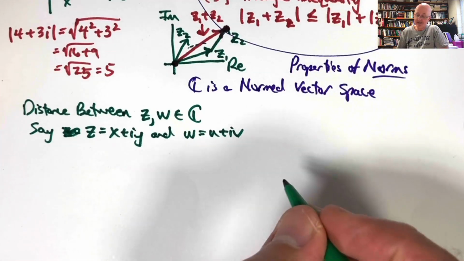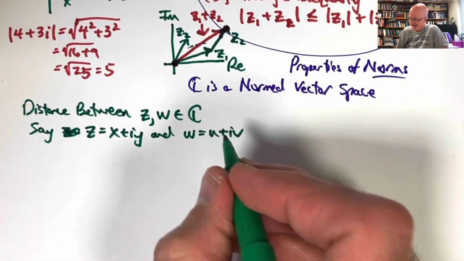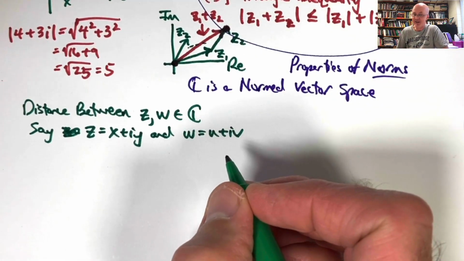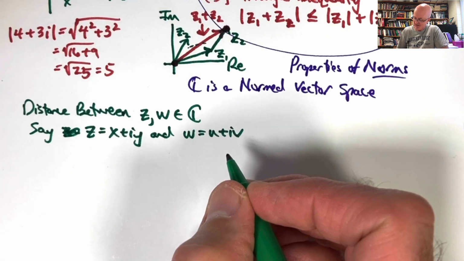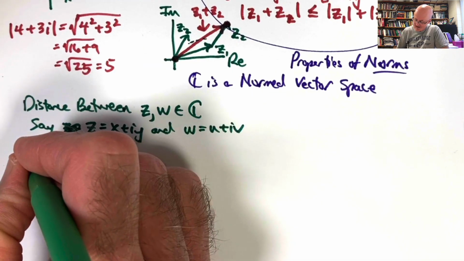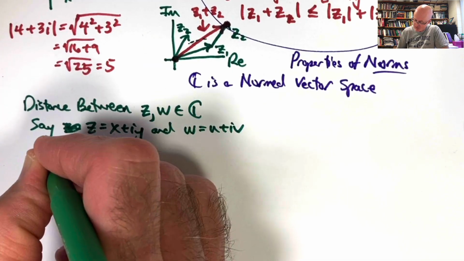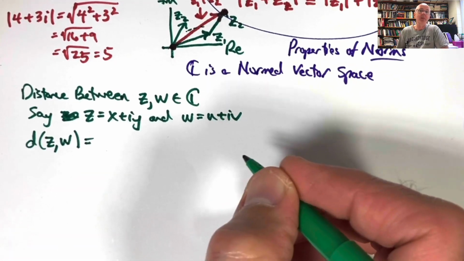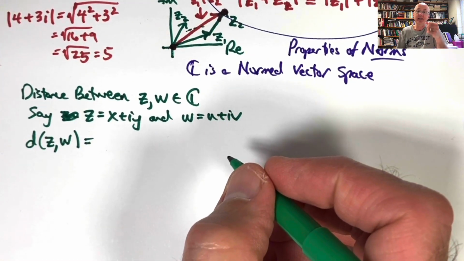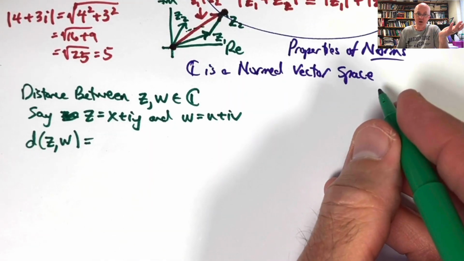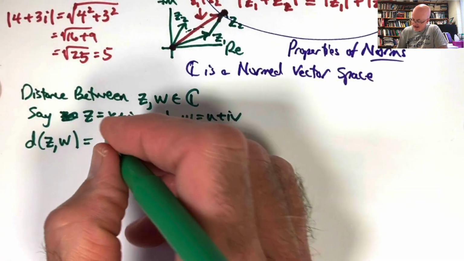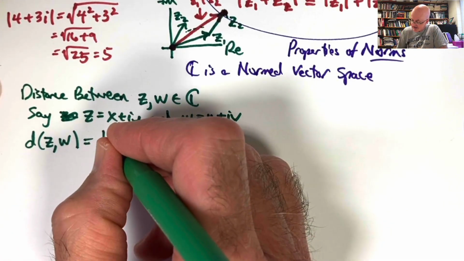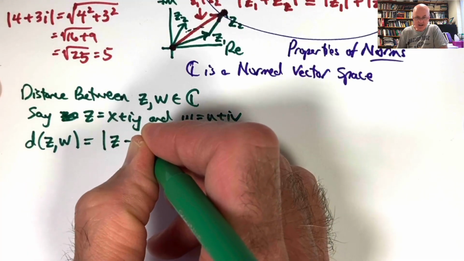By the way, these letters z, w, x and y, u and v, and of course i, the imaginary unit, are very commonly used in complex analysis. What is the distance between z and w? Often written d of z comma w. You can define it using the modulus, which again is also called a norm. How? It's the modulus of z minus w.